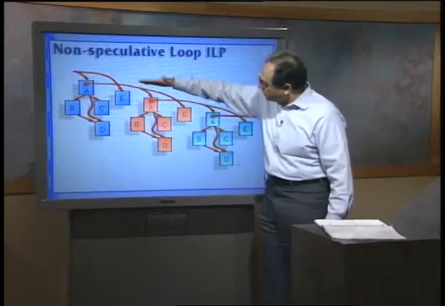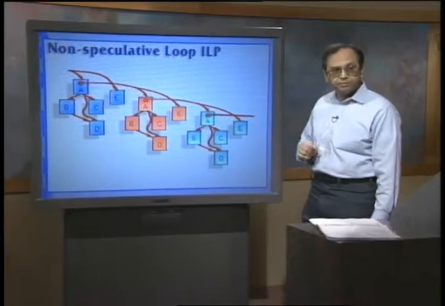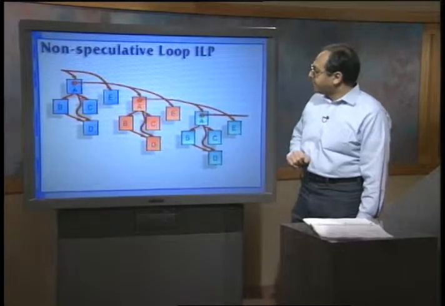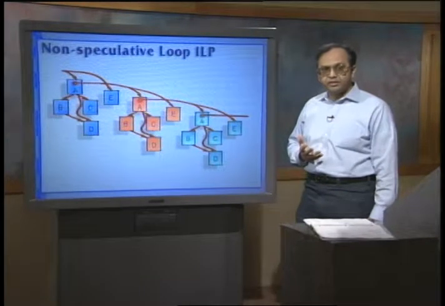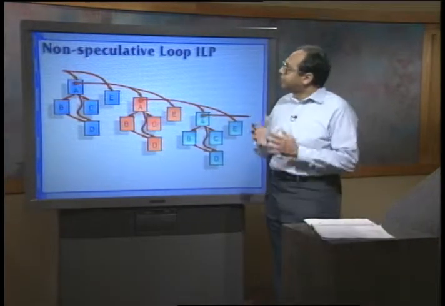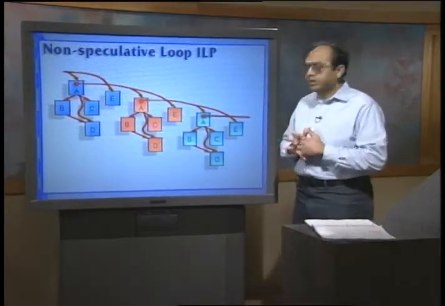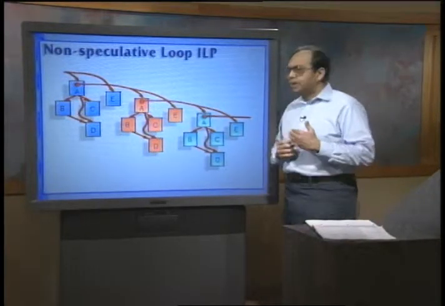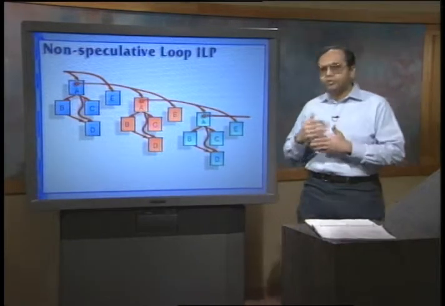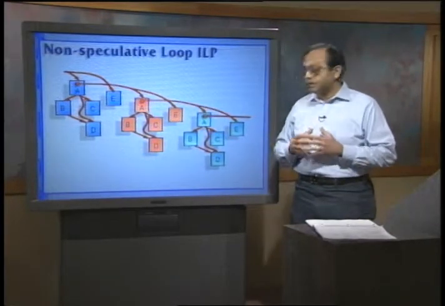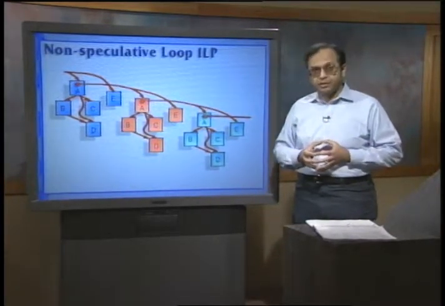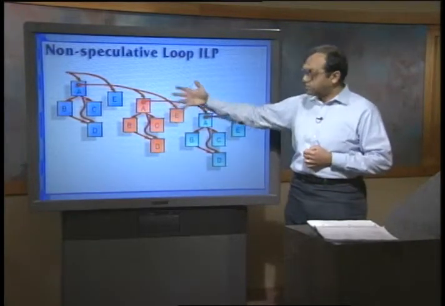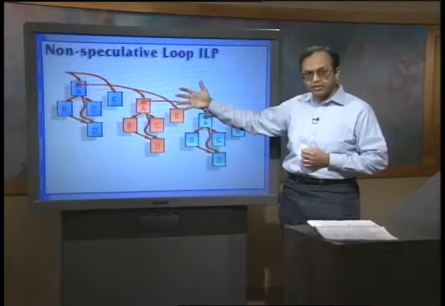Once again, you see that there's a large amount of parallelism across the multiple iterations of the loop, and that we are not doing any speculative execution. So this is a very important thing to bear in mind: you do not have to assume that when you move operations past branches you are necessarily resorting to speculative execution. And very often, particularly in things like do loops, there's large amounts of parallelism even without speculation.